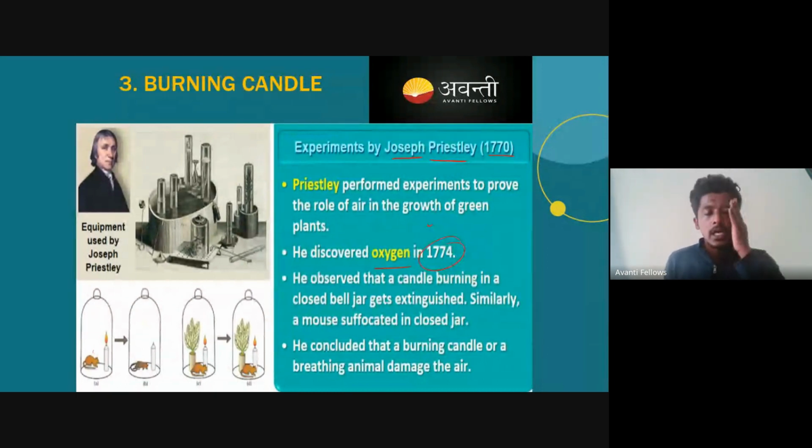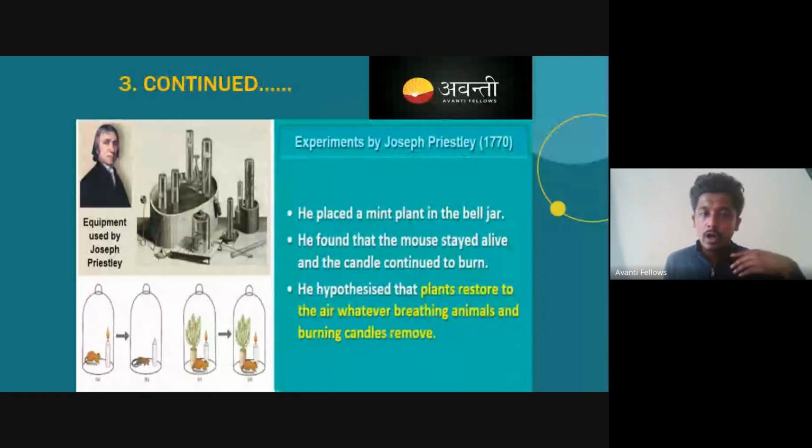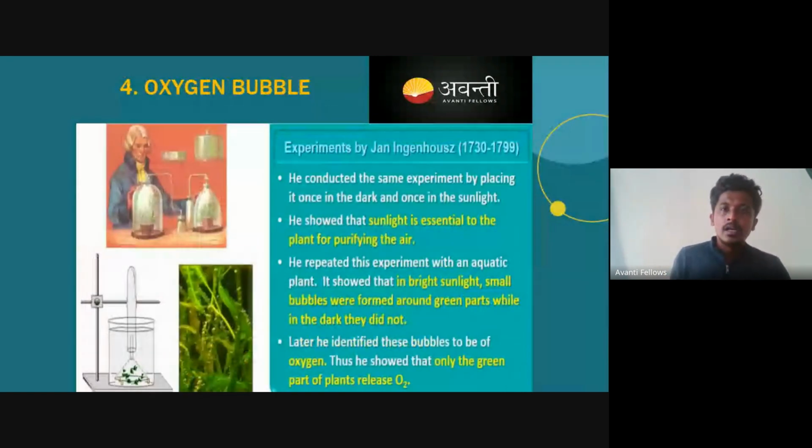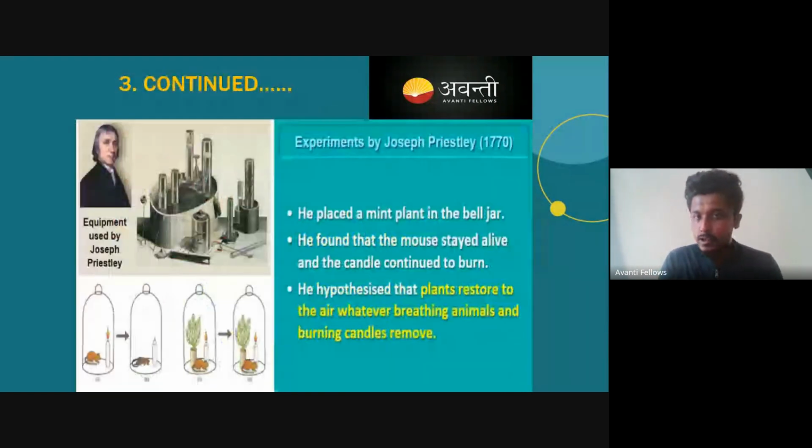He somehow concluded that something was being changed in the air. He then put a plant within this jar, and he observed that all of them lived for a longer period of time without dying. That led to the significance of oxygen and carbon dioxide with respect to Priestley's experiment.